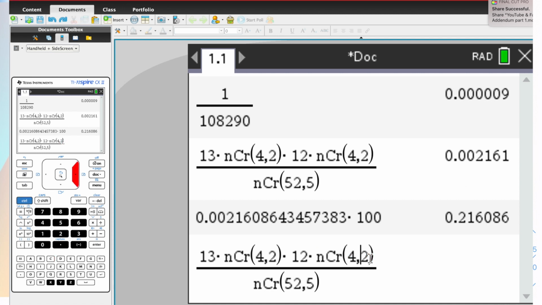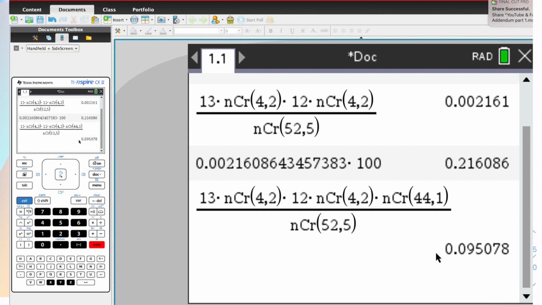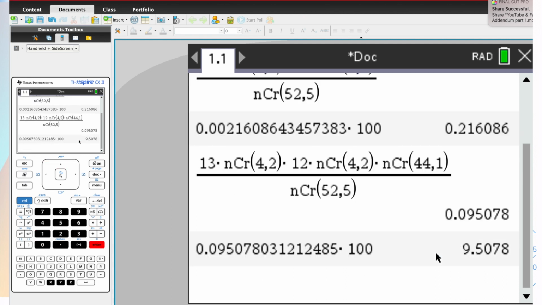And I want 1 of them. And that was the one mistake that I had in that formula, is that these total numbers, I want 2, 2, 1, 5 total cards. That makes a lot more sense. Take that, multiply by 100, would be 9.5% chance in a 5-card hand that you end up with 2 pair.